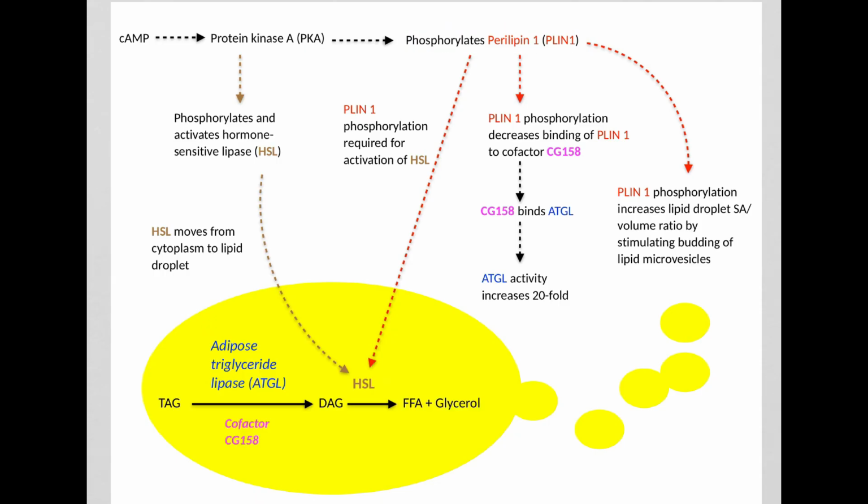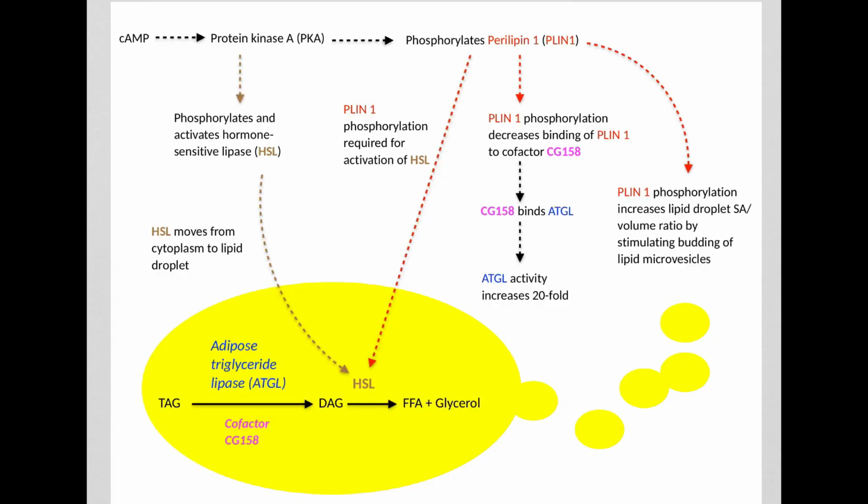One of the important functions of PLIN1 is that the phosphorylation of PLIN1 is required for the activation of hormone-sensitive lipase, or HSL. So PLIN1 phosphorylation is required for activation of HSL.